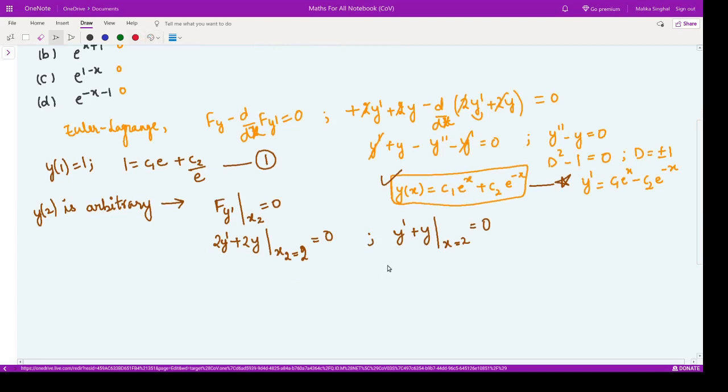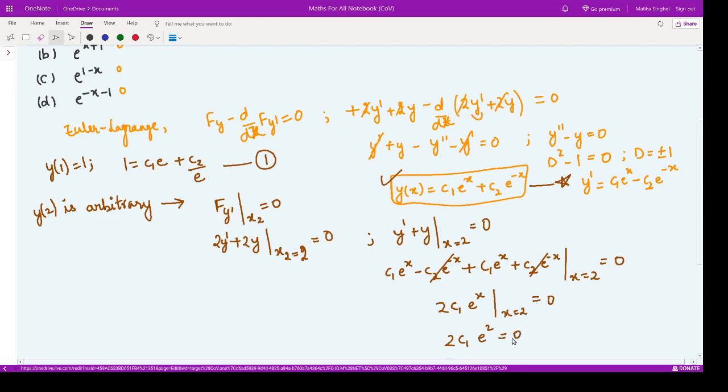So we get c1 e to the power x minus c2 e to the power minus x plus c1 e to the power x plus c2 e to the power minus x at the point x is equal to 2 is equal to 0. So here this term cancels with this term. So I am left with 2 c1 e to the power x at the point x is equal to 2 is 0, or I have 2 c1 e square is equal to 0.